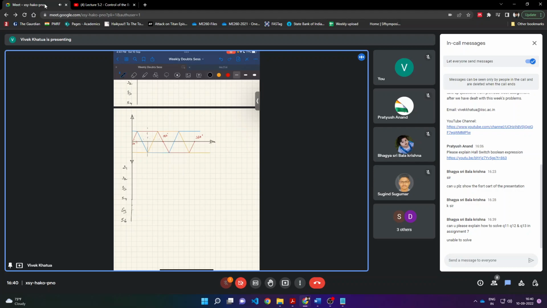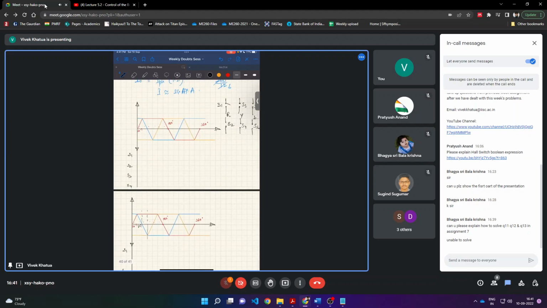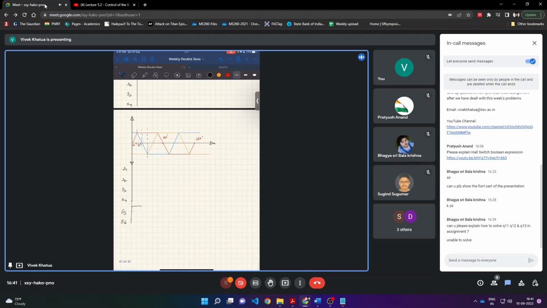Sorry, 30, 60 degrees. S5 will be operational till 60 degrees, right? This is one, and then here we have S1 that starts here. So S1 will be active after 30 degrees till this point.